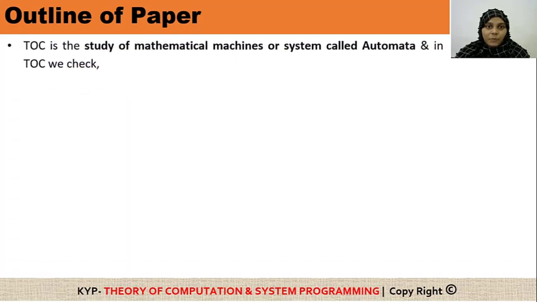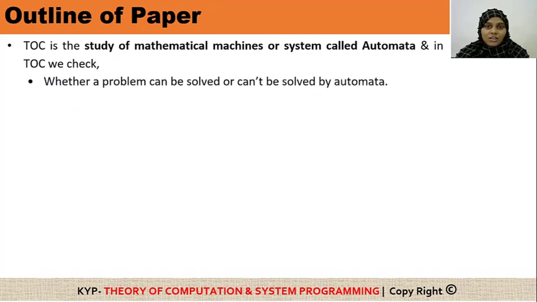As you start studying the subject Theory of Computation, the first thing that comes to your mind is, what is the reason behind studying this subject? Basically, Theory of Computation is nothing but the study of mathematical machines or systems called automata. In Theory of Computation, we see whether a problem can be solved by an automaton or machine or can't be solved by a machine.